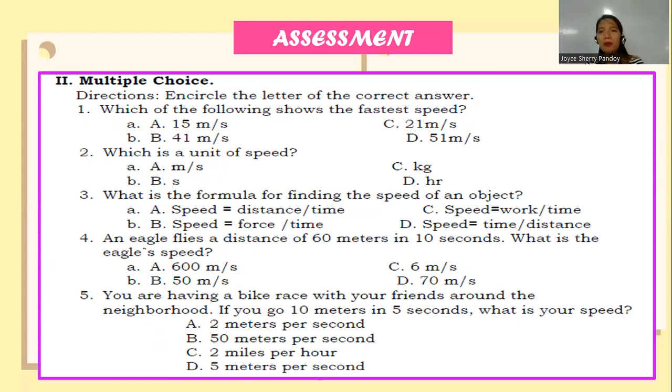C, 21 meter per second. Or D, 51 meter per second. What do you think is the correct answer? Yes, it is letter D. So na naman check daan. So you are going to answer questions 2 to 5. So just encircle the letter of the correct answer.